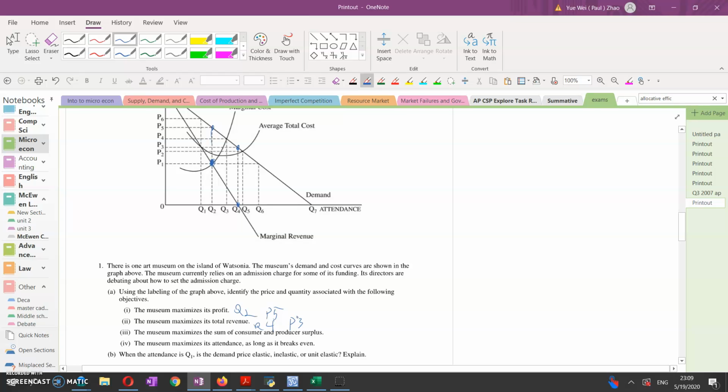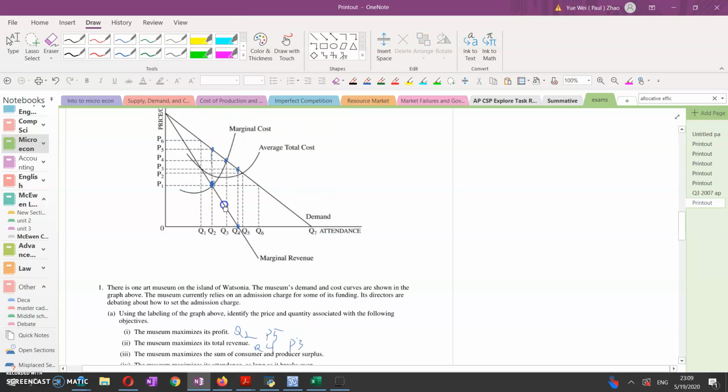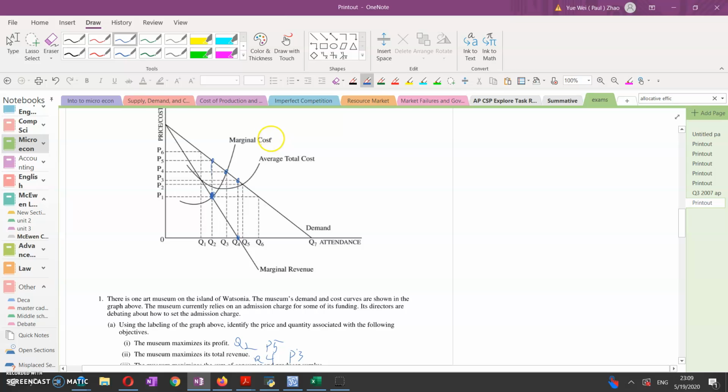The museum might also want to maximize consumer and producer surplus. And that happens right here at P4, Q3. This is because really the marginal cost curve is the supply curve. And what you can see is the equilibrium of a normal market is right here.